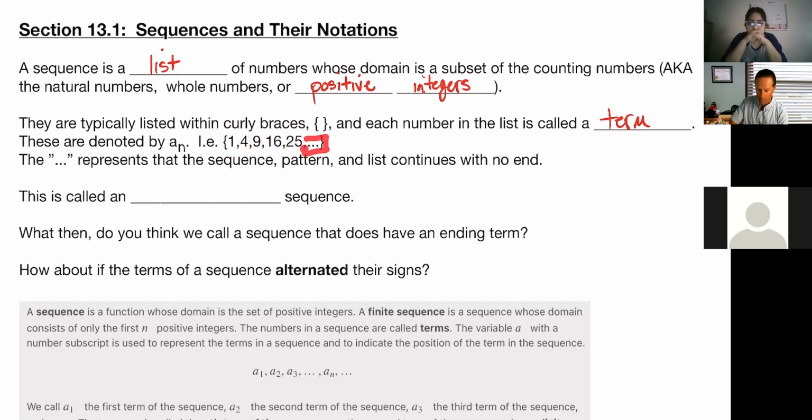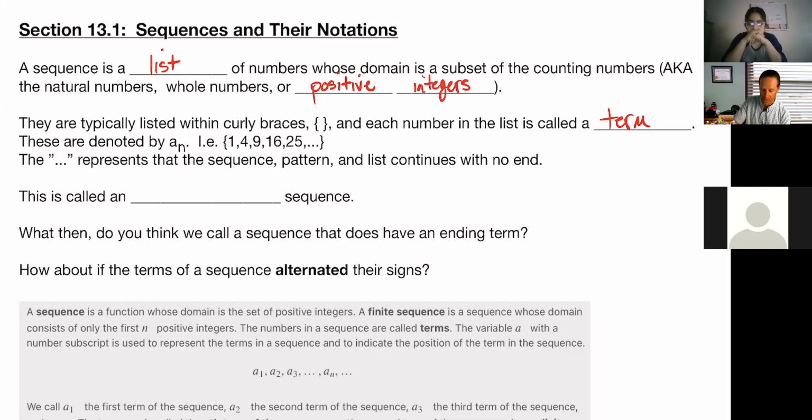Or what do you think that ... means? It keeps going on forever. That's right. It's called an ellipsis, right? But this ... represents that it keeps going on with this pattern and it never ends. Okay? So that's what that ellipsis means, is that that sequence, that pattern, that list keeps going.